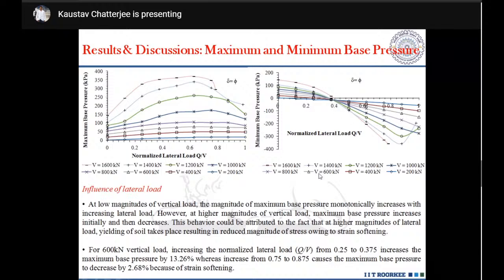That means for a vertical load of 1600 kilonewton, the minimum base pressure will turn out to be negative when my Q by V ratio becomes 0.4. That is, we can say this Qn by Vn comes out to be 0.4, which in the present study has been considered as 0.45. This has been done for developing the interaction.